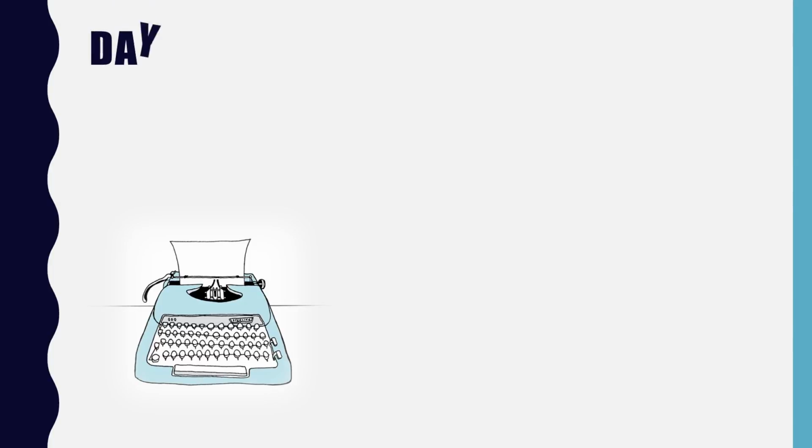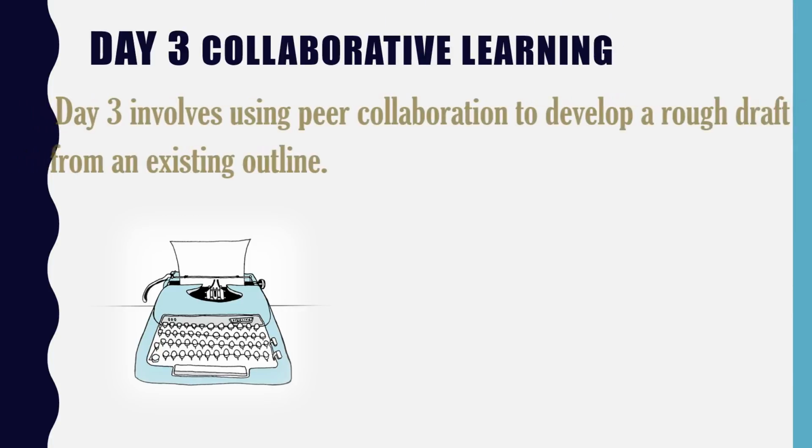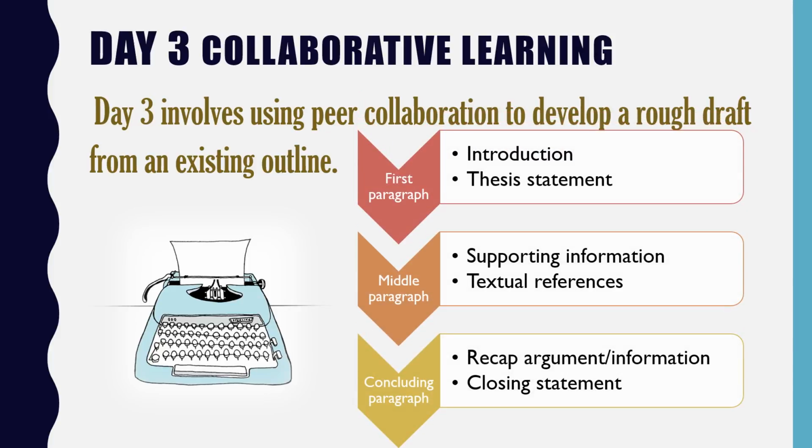Day 3 of the lesson is focused on collaborative learning. So day 3 involves using peer collaboration to develop a rough draft from an existing outline. Students together will work on creating a rough draft from the information used in previous lessons.